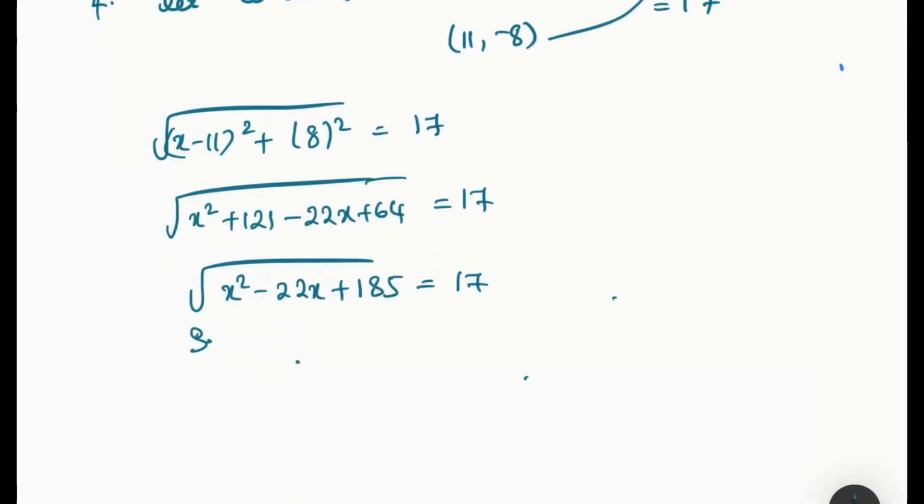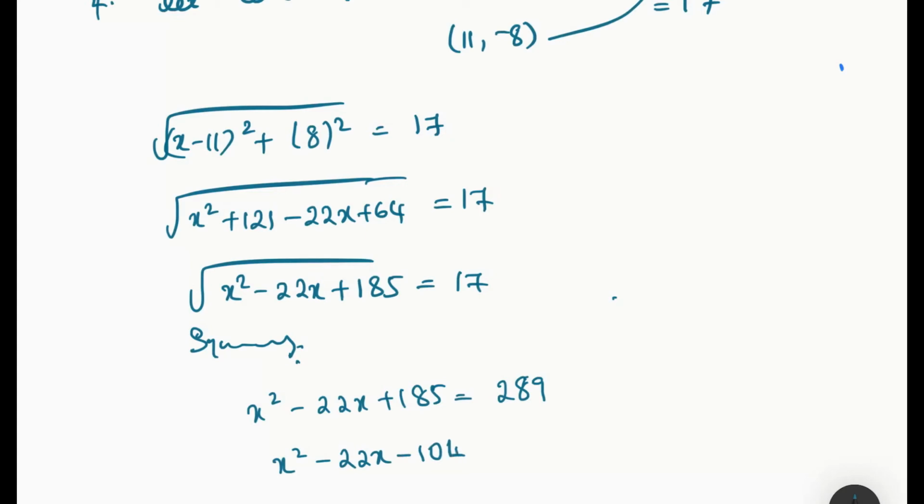Squaring on both sides, you will get x square minus 22x plus 185 equal to 17 square, which is 289. So you get x square minus 22x minus 104 equal to 0.